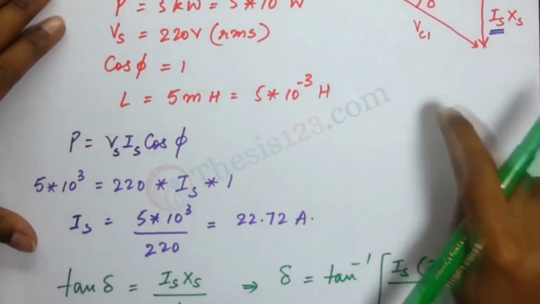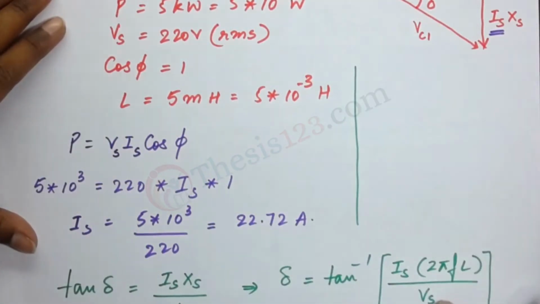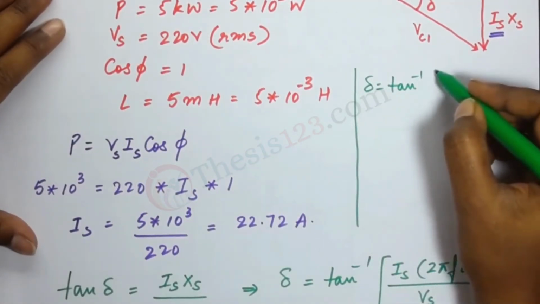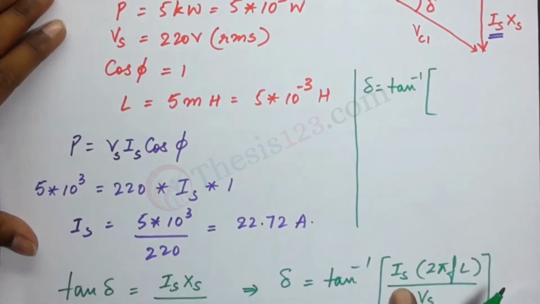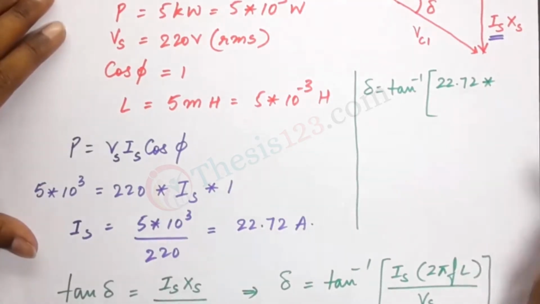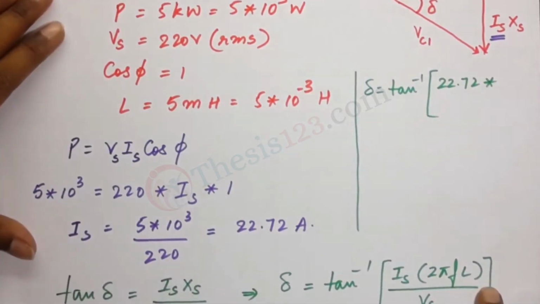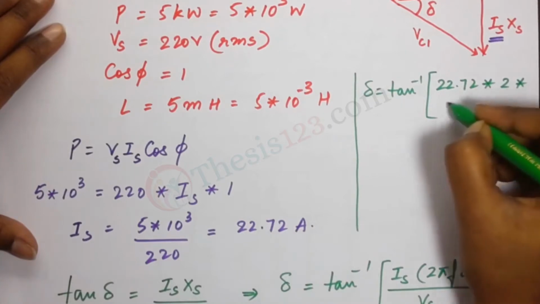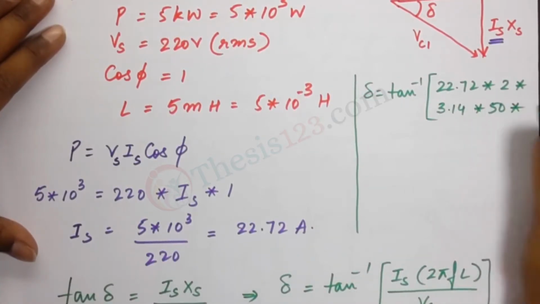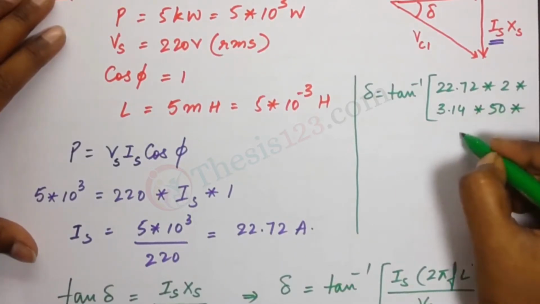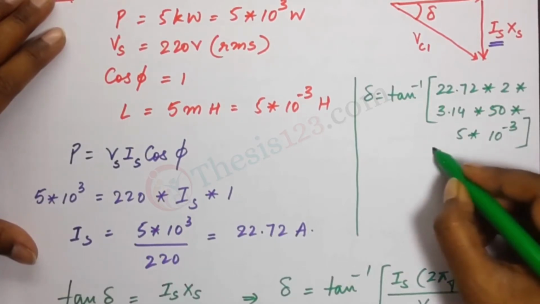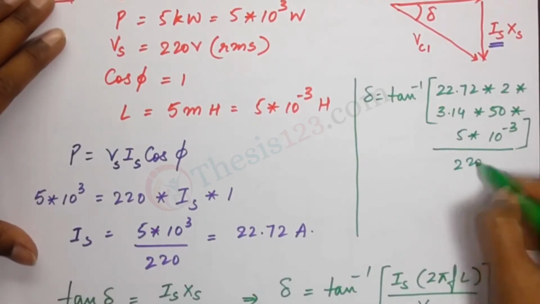Now I'll just write down the rest over here for you. So we have delta is equal to tan inverse of Is, which is 22.72, times 2 pi FL, which would be 2 times 3.14 times 50, since that's 50 hertz, times 5 into 10 power minus 3, all divided by 220.